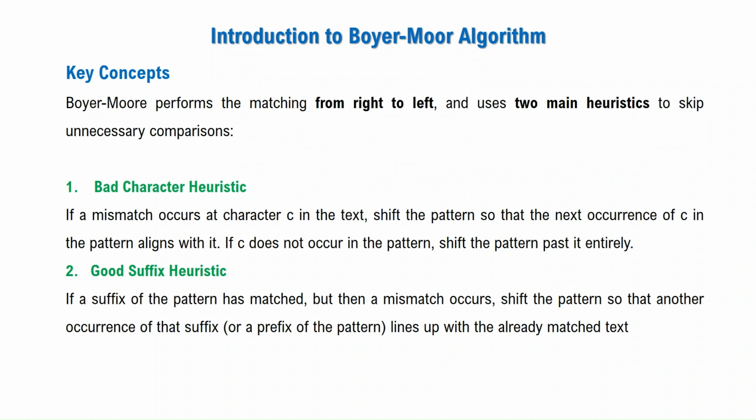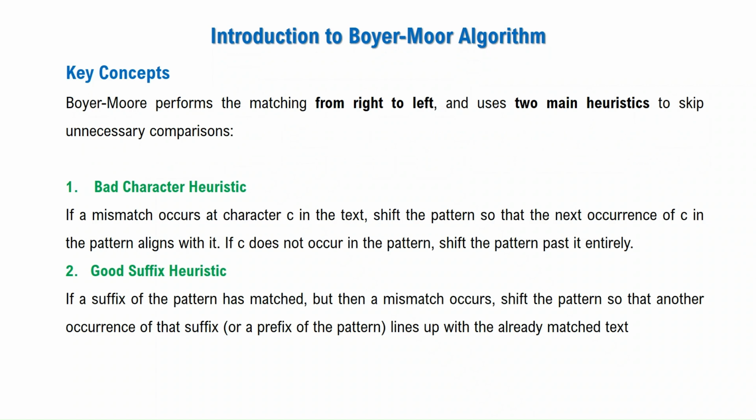If there is a mismatch, it doesn't just move one step forward. Instead, it uses two main rules: one is the bad character rule, another is the good suffix rule. These two tables you consider to shift the given pattern.